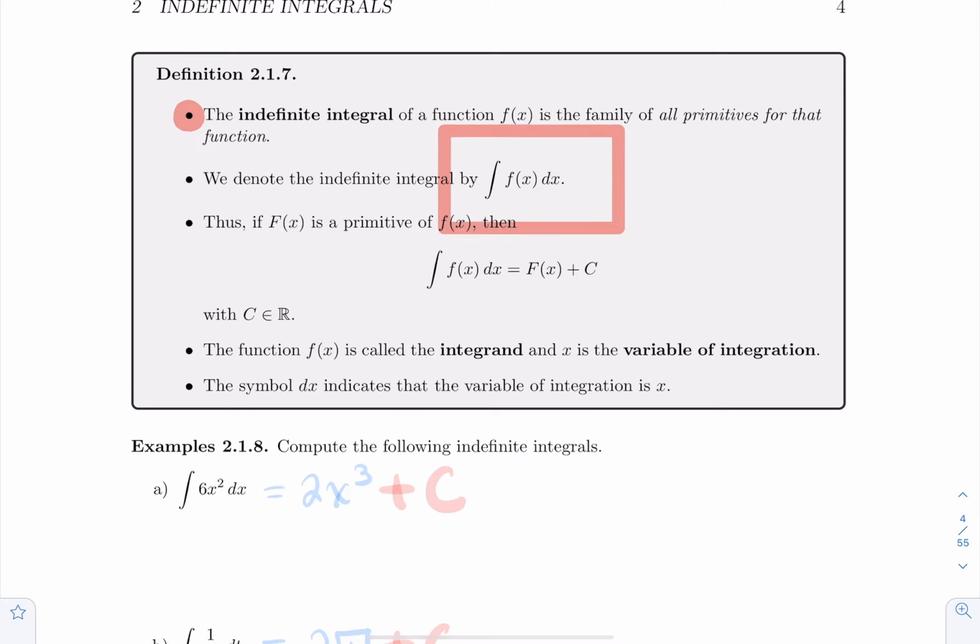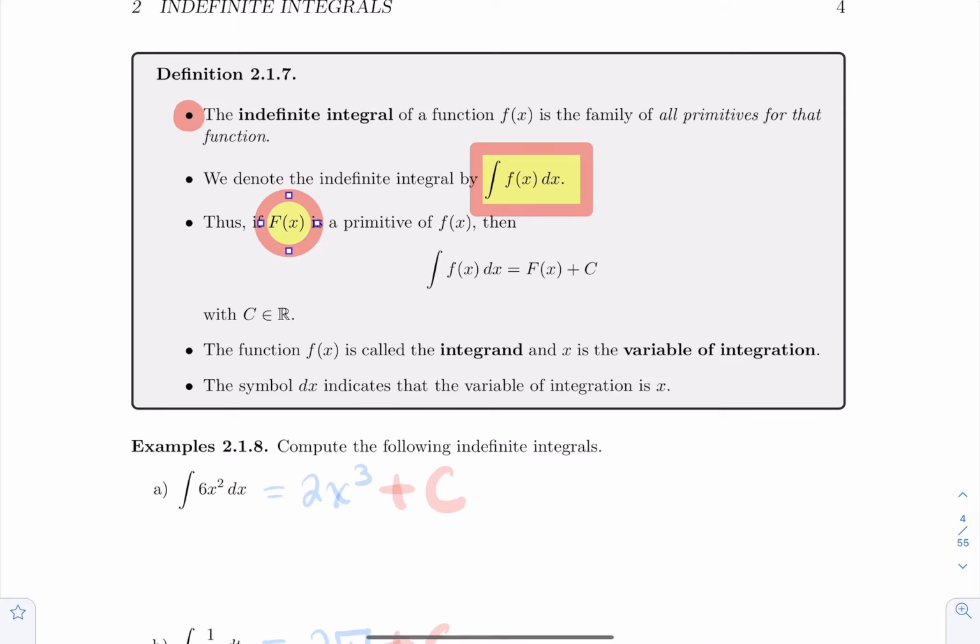Don't worry, in this chapter, every single integral is going to be done with respect to one variable. So if you think about the previous remark, if big F is a primitive for the function small f of x, then the set of all possible antiderivatives, so the indefinite integral of f of x dx, is equal to big F plus c, where c is just any possible real constant.